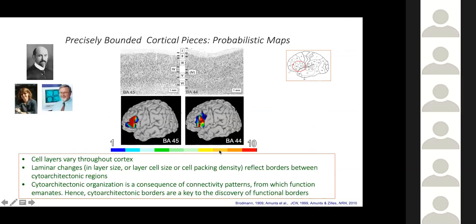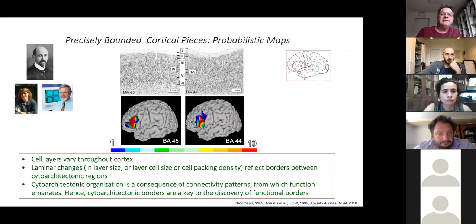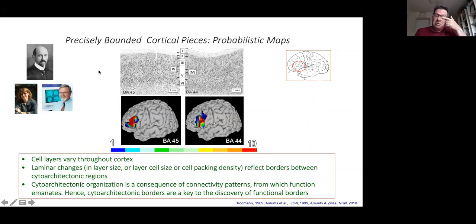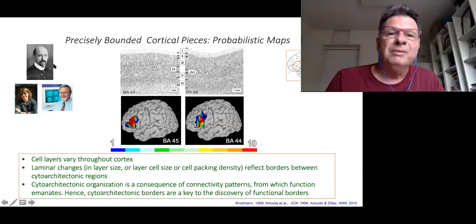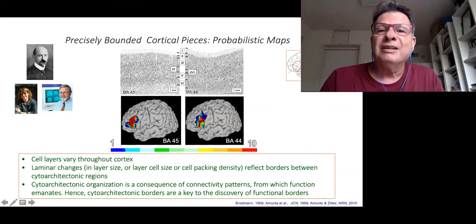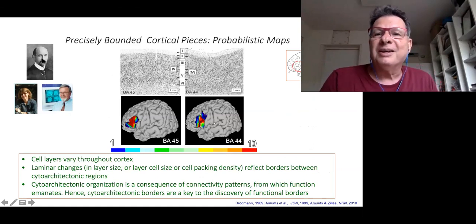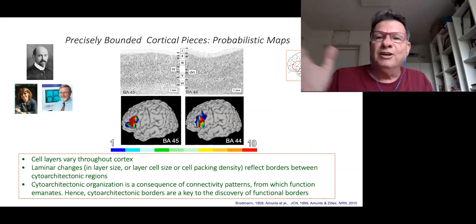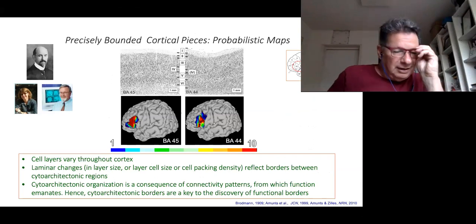The next thing we did is we wanted to be convinced that this has anatomical reality behind it. One thing that some of you may have heard is that there was this guy named Corbinian Brodmann who was at the University of Düsseldorf and never got a job. He had his habilitation in Düsseldorf, and then he went to Berlin.